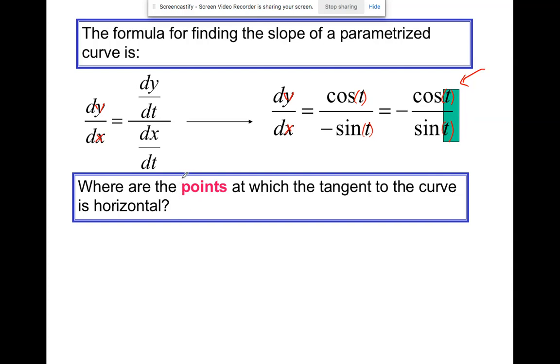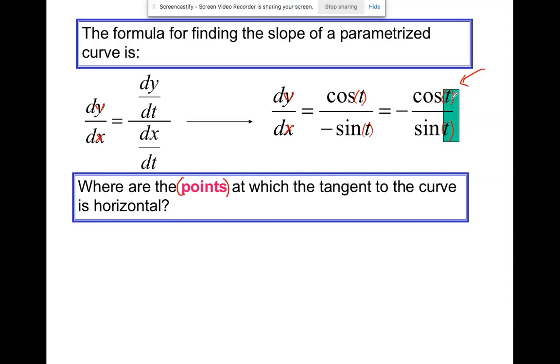So notice that this is asking where are the points at which the tangent to the curve is horizontal. Right there on the note sheet, first I want to be able to express the derivative in terms of t. I've done that. I could write that as what? Negative cotangent.